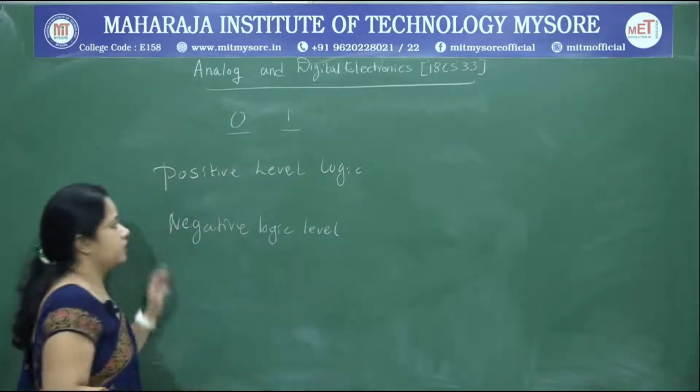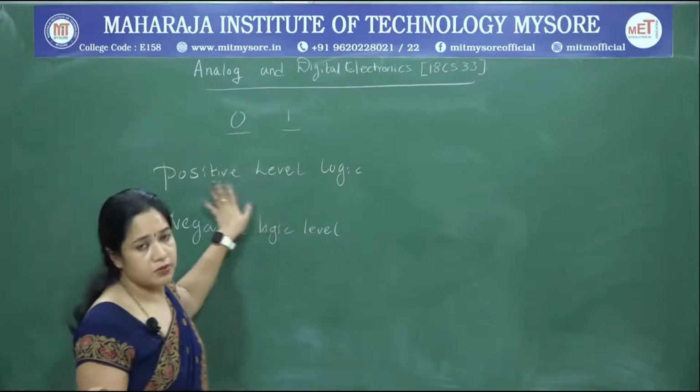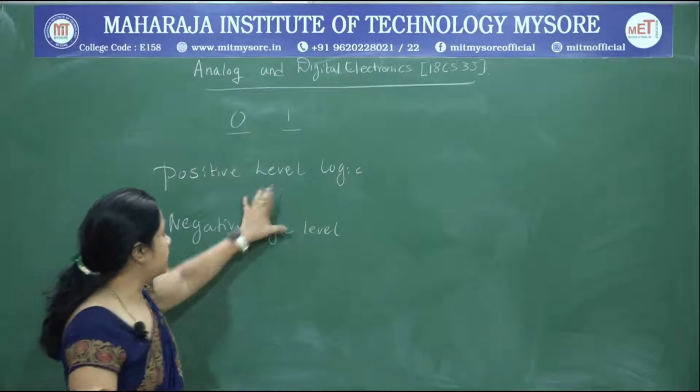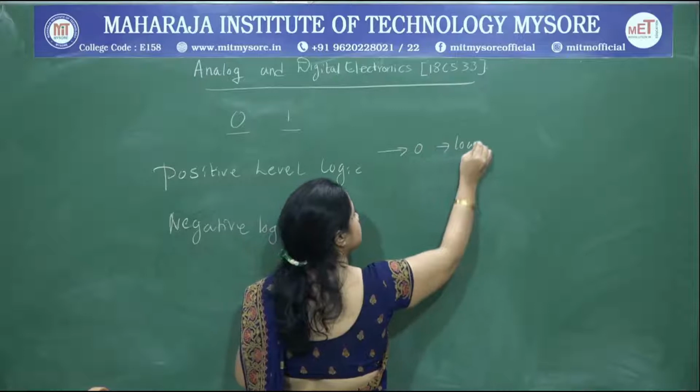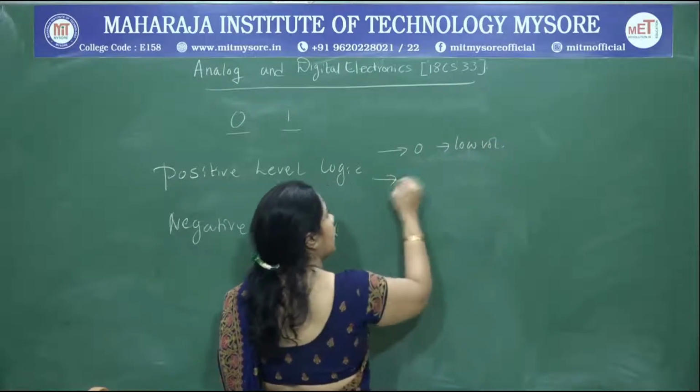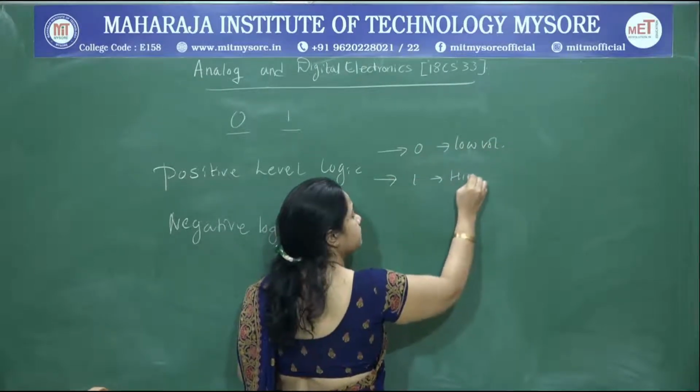In positive level logic, we represent 0 using a low voltage and 1 using a high voltage.